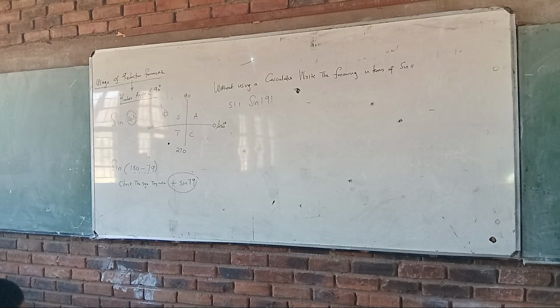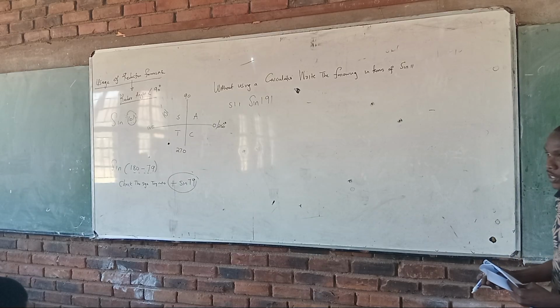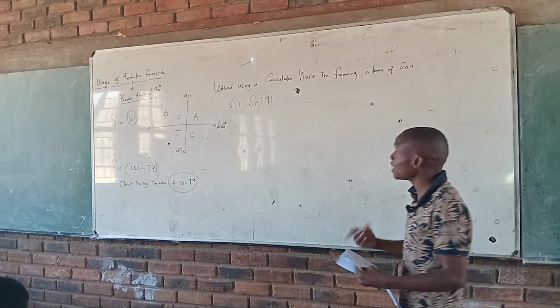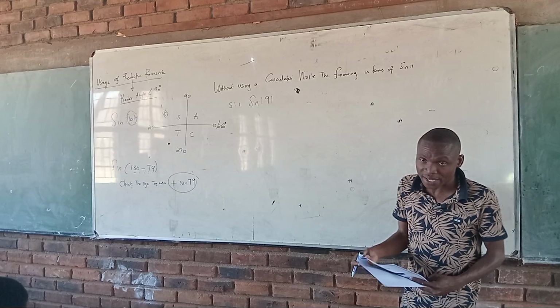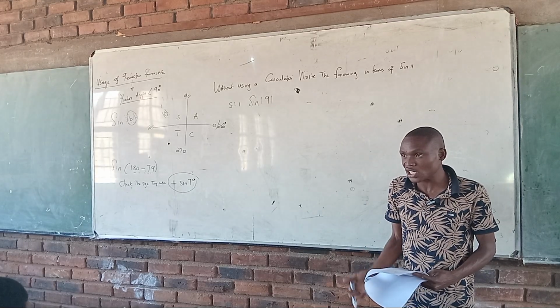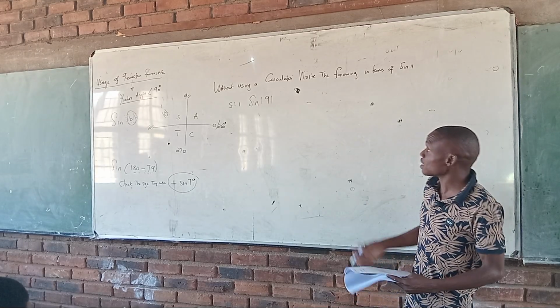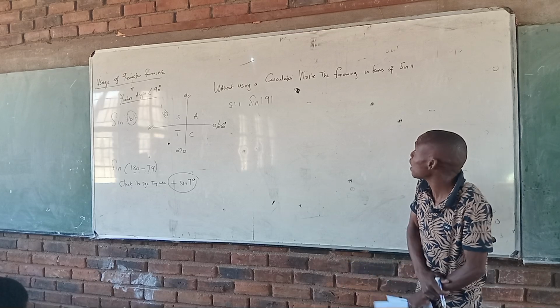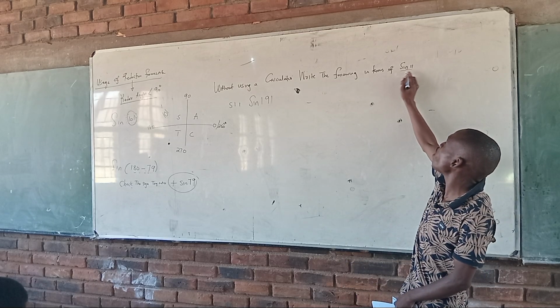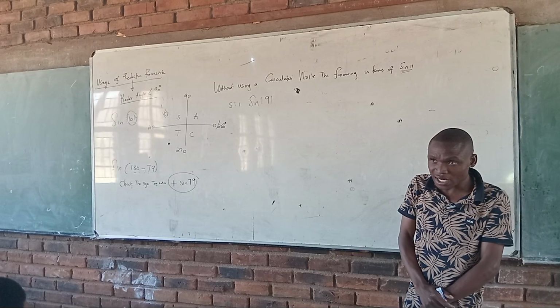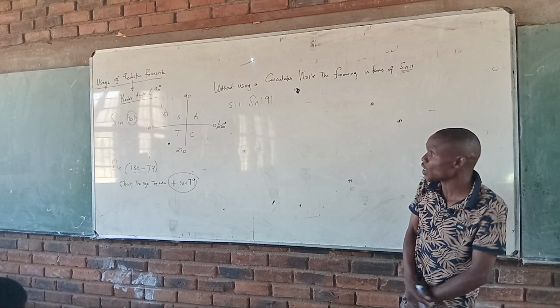Try it. The idea is to use what we call reduction formula. The key mathematical skill that we need to work with here is what we call reduction formula. They are saying without using a calculator, write the following in terms of sine 11.